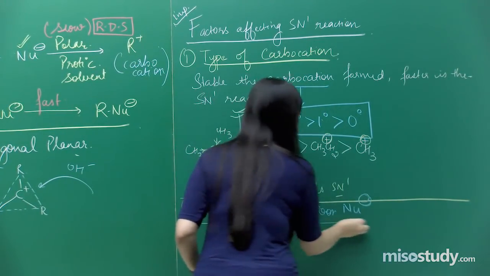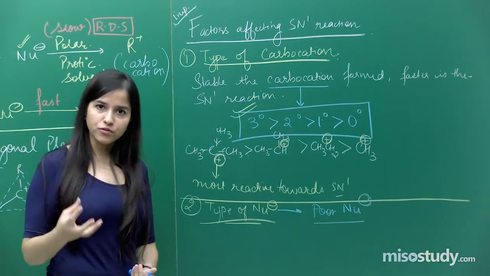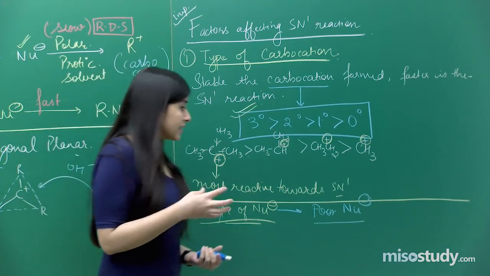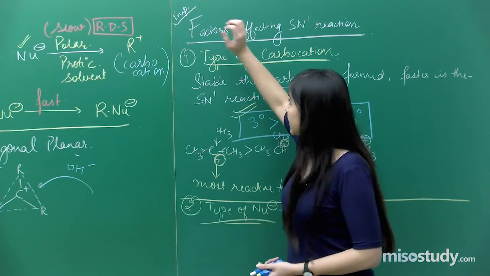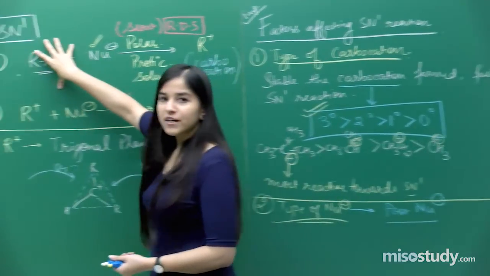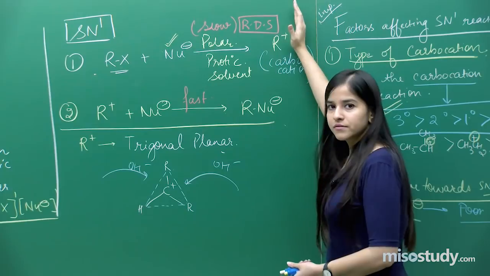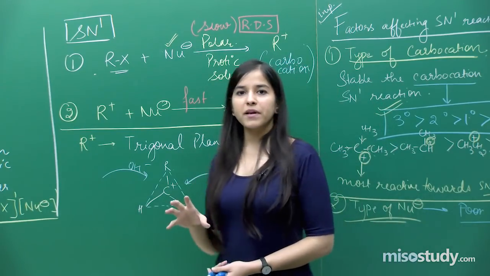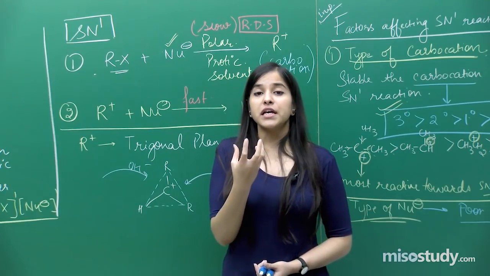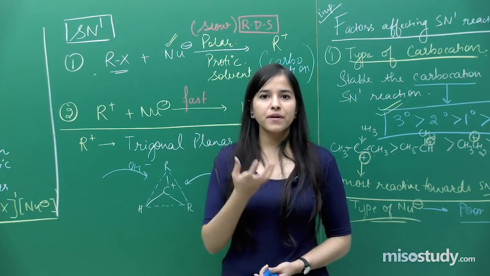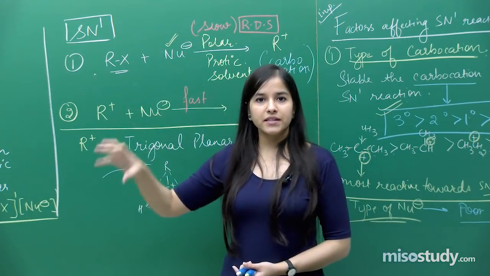right? Why is that so? If I take up a very strong nucleophile, what will it do? It can try to interact with the alkyl halide in such a fast manner that it does not give time for the formation of carbocation. All these things which I am explaining over here are just for your information, for your basic understanding, to develop an understanding of this particular mechanism, why each and everything is happening.